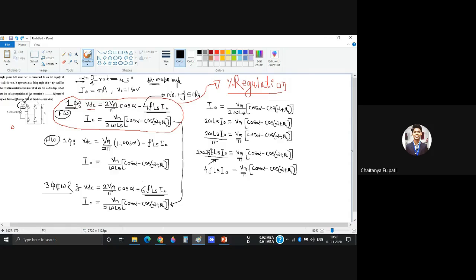Yes, you have to be focused. This is your drop. This drop divided by this actual voltage or base voltage, you will get the regulation. So what we have to do here? On both sides, we will divide by this. Yes, on both sides, divide by this. Okay.